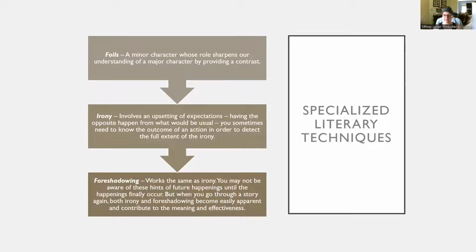We have foreshadowing. It's similar to irony in a way, in that you don't always know that it's happening when it's happening. But foreshadowing is when a clue is provided that lets us know in a very subtle way what's going to happen next, or later in the story.